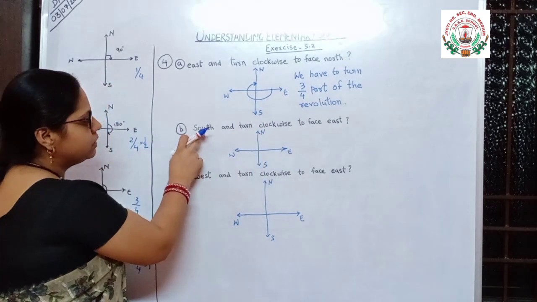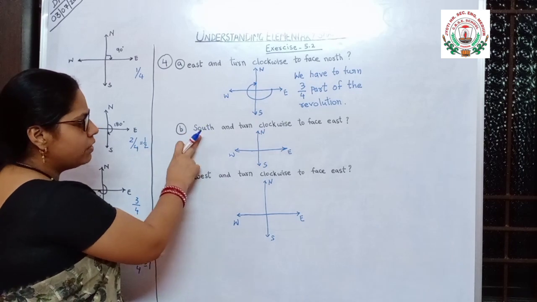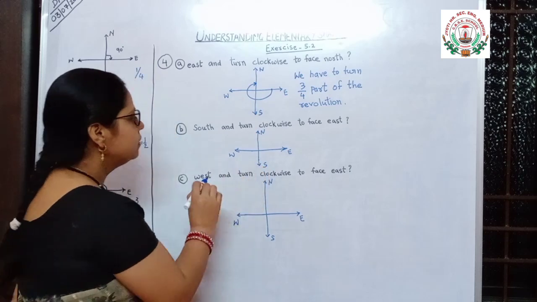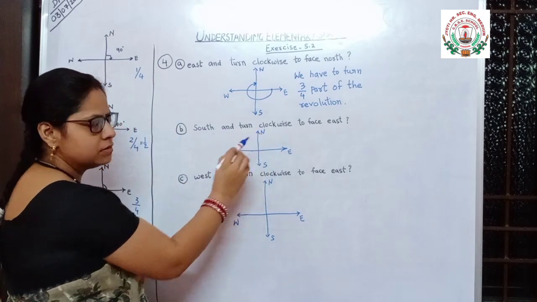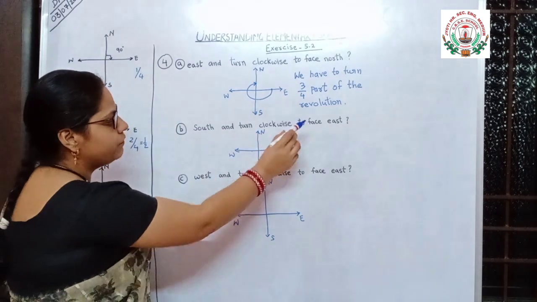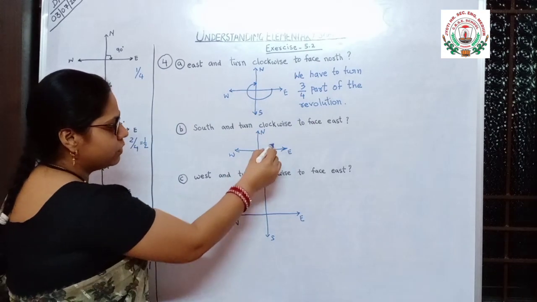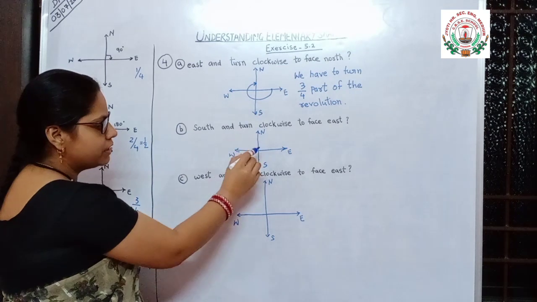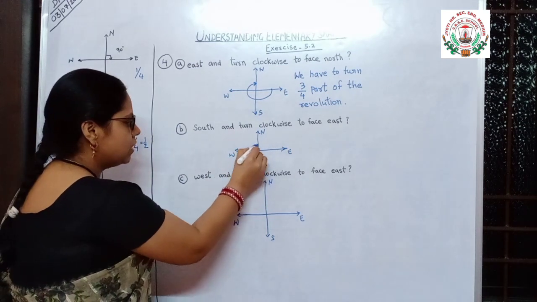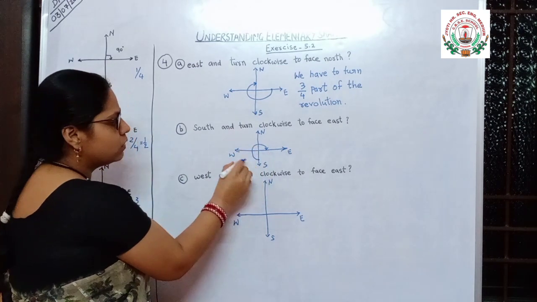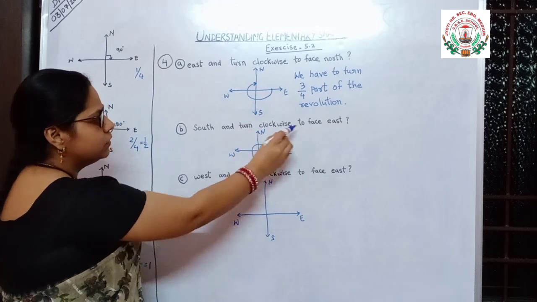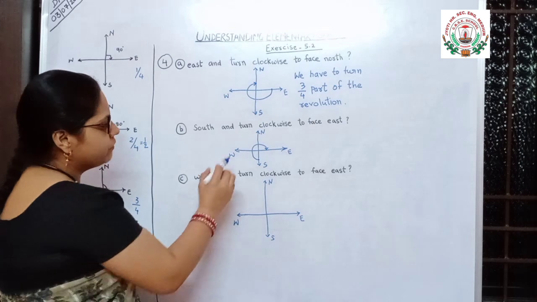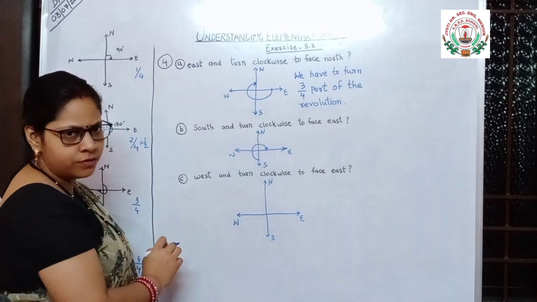Okay. So now the second part. Now you are facing towards the south direction, and turning clockwise in the same clockwise direction to face the east. You don't have to go this way. Clockwise direction you have to move to face east. So how many parts we have covered? We have covered 3 parts out of the total 4.